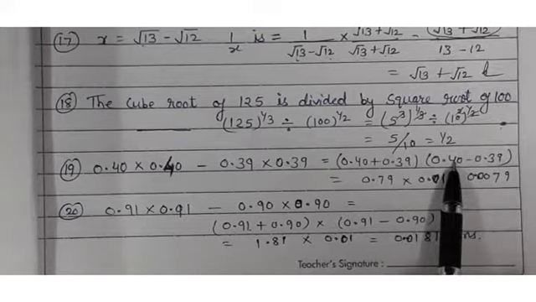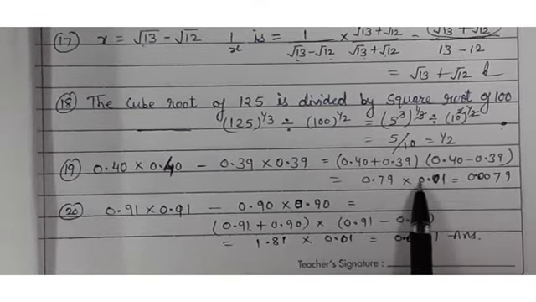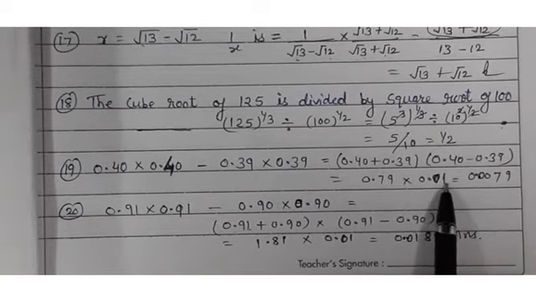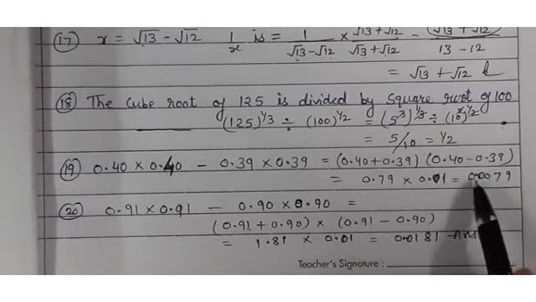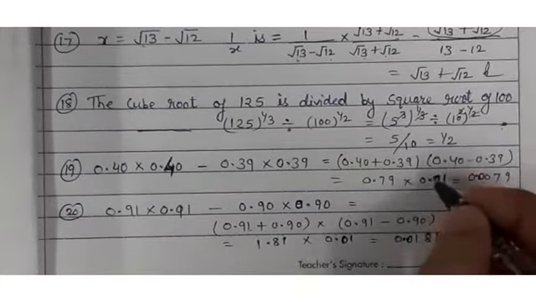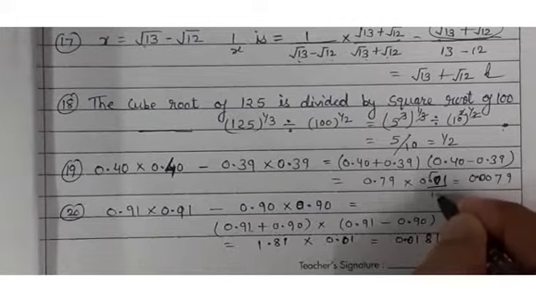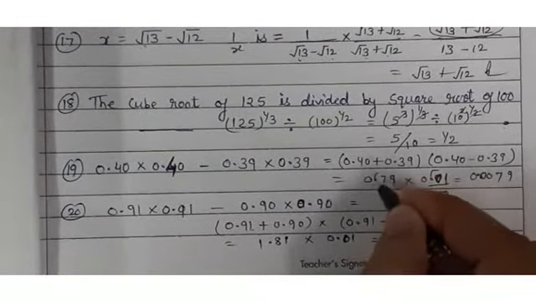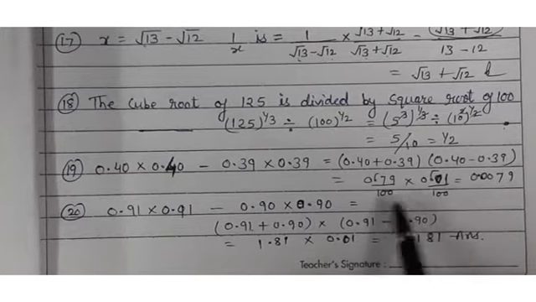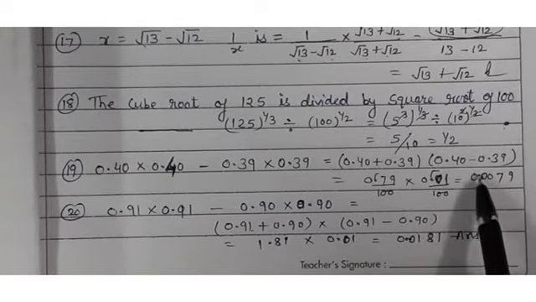Into, if I subtract, then what will come? 0.01. And after multiplying, then what will come? 0 point, 0079, because if I remove it, then after 4 places I have to put decimal. How many zeros are? 1 2 3 4. So 1 2 3 4, I have to put decimal here.